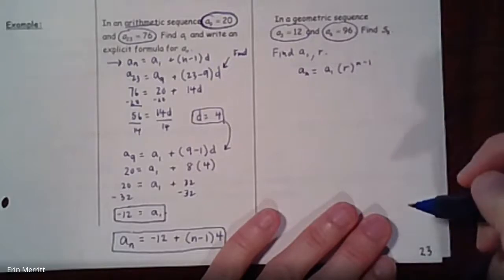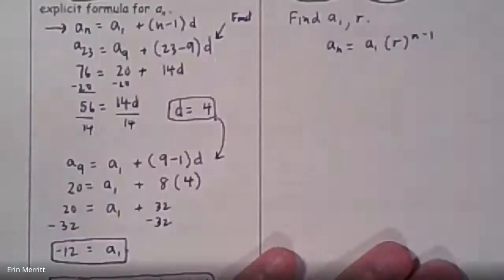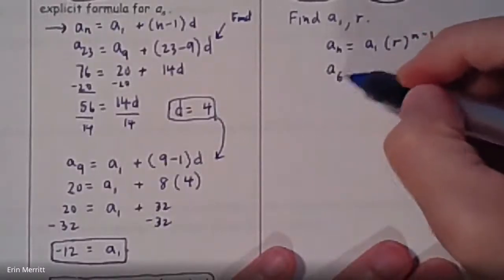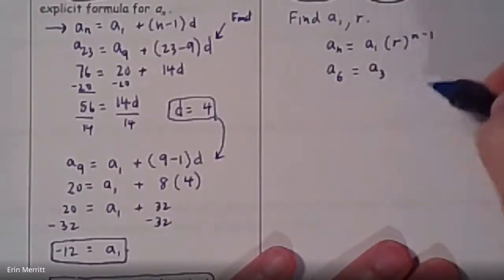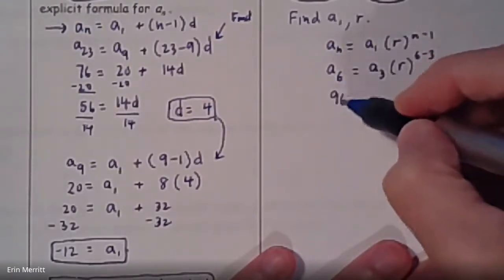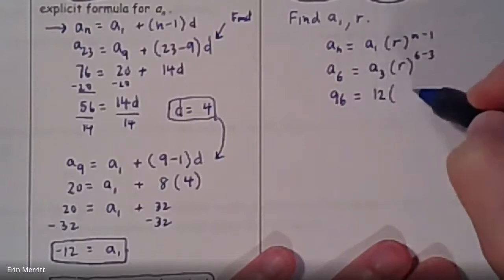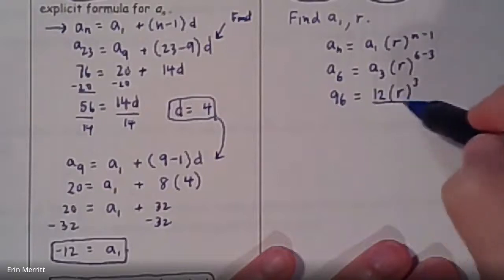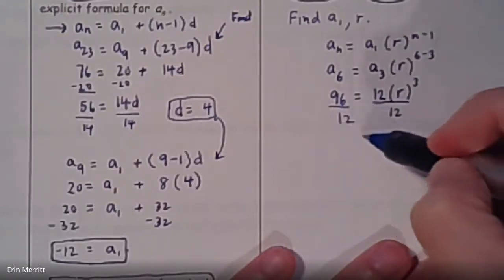That's that guy. Now let's play around with this. Let me zoom in a little bit. So I'm going to put a sub 6 here, a sub 3 here, times r to the 6 minus 3 power. So 96 is equal to 12 times r cubed. If I'm solving for r, divide the 12 out.